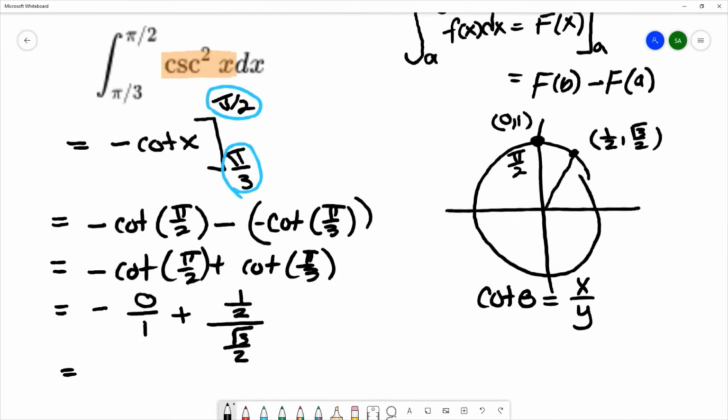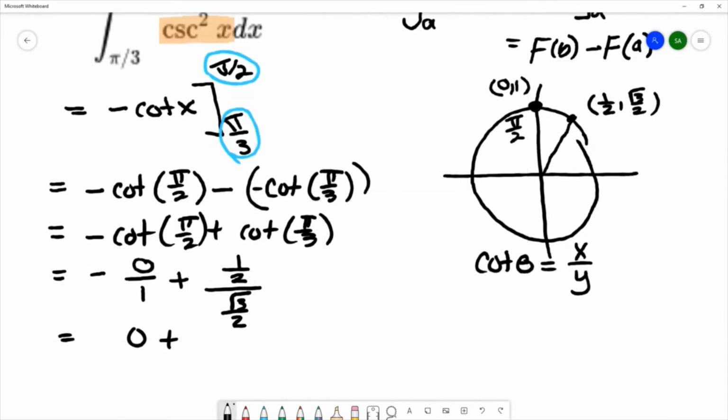So negative 0 over 1 is 0. For this dividing fractions, we'll multiply by the reciprocal. That's 1/2 times 2 over the square root of 3. Those 2's cancel out. And we have 1 over the square root of 3.